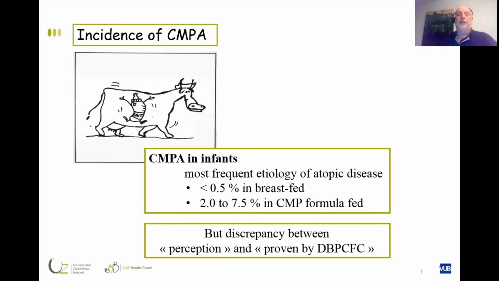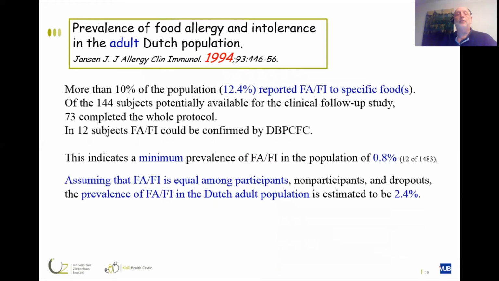However, the discrepancy between perceived cow's milk protein allergy and proven by a double-blind placebo-controlled food challenge is huge. So the prevalence of food allergy and intolerance in the adult Dutch population, according to perception, reported some 20 years ago, was 12%.